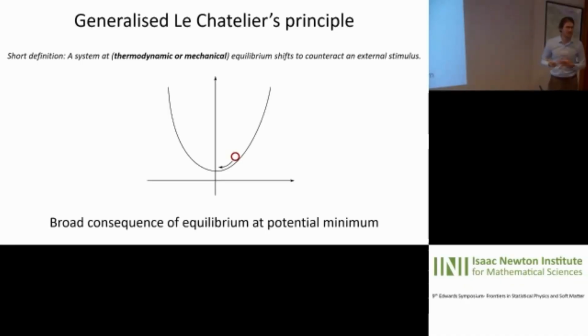But that's really a consequence of having an equilibrium at a potential minimum, right? So it applies in a sense to some mechanical systems as well as thermodynamic ones. And again, it applies when you have a mechanical potential that you can define.